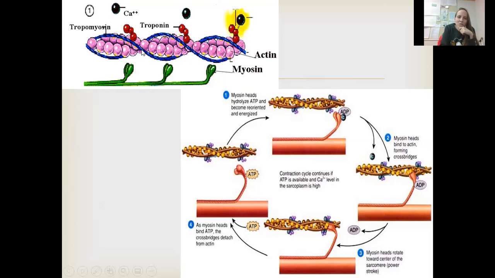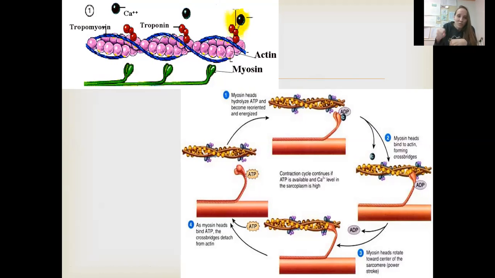And then attached to the tropomyosin is this red molecule called troponin. So what happens is this calcium ion comes in and it attaches to the troponin. When it attaches to the troponin, it pulls the troponin upwards. And because the troponin is attached to the tropomyosin, that blue rope, it also pulls that blue rope upwards.